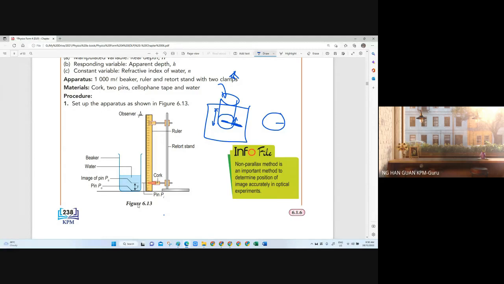Even from the side view you can see there's a line. Then you move your pen up until you see the line and the pin outside are aligned. Only then you stop.